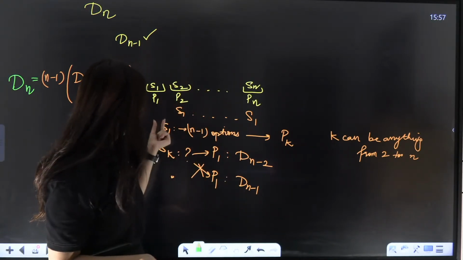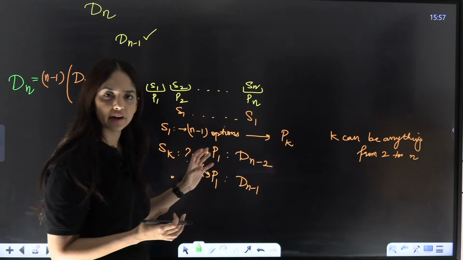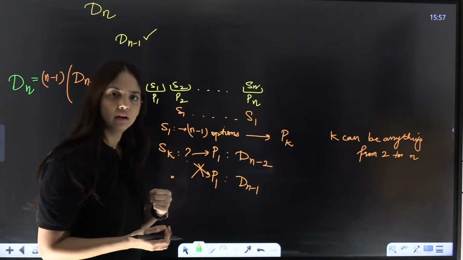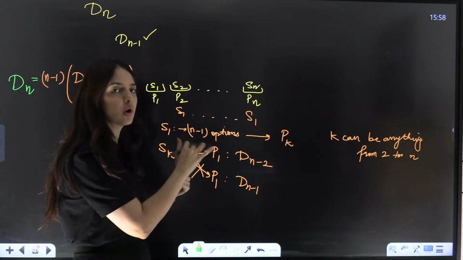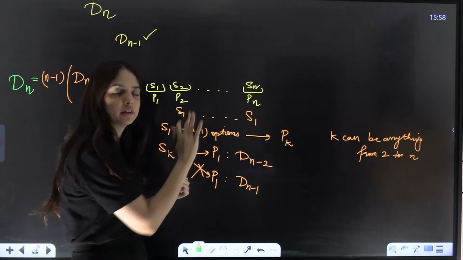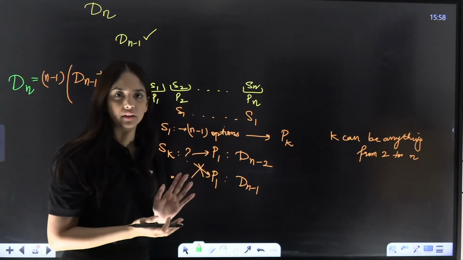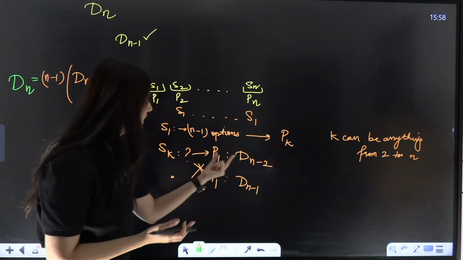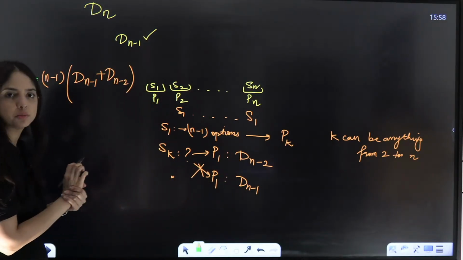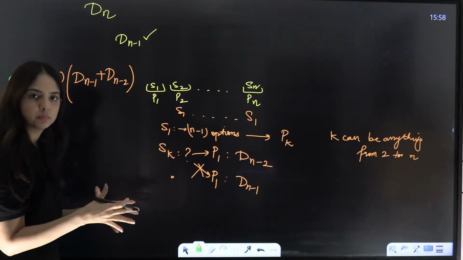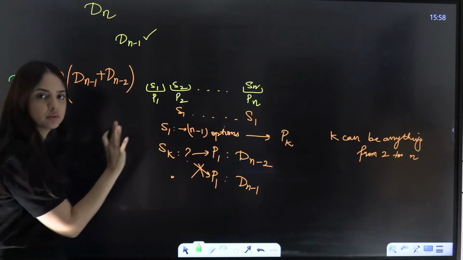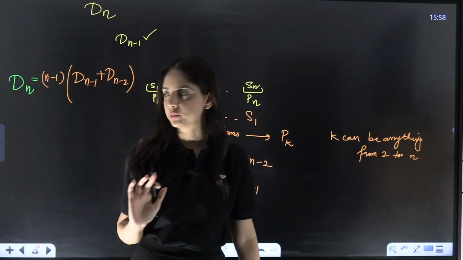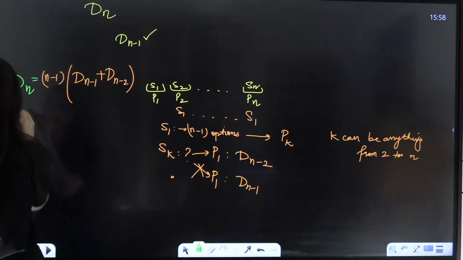So once we have one object, we take any one, and we find either S1 can go to P2, or it can go to P3, or like that, Pn. And for each of them there are Dn minus 2 plus Dn minus 1 options of arrangements, and we multiply that with n minus 1 and we get all possible derangements. So if you want to verify, you can verify.